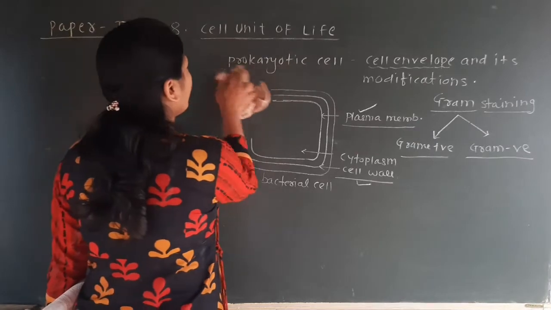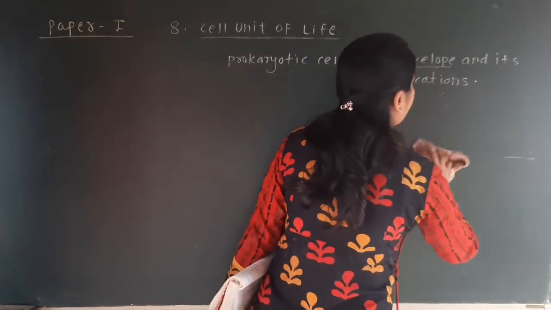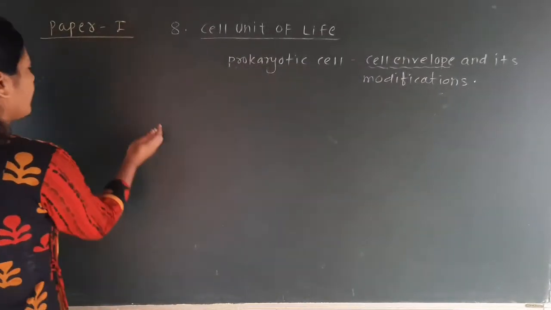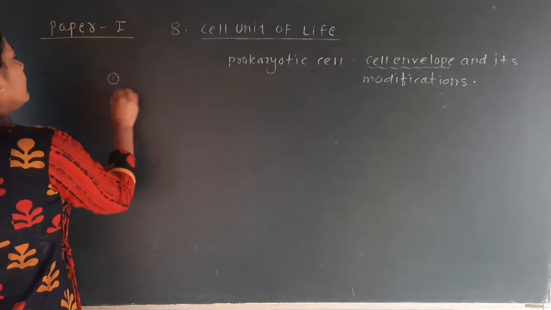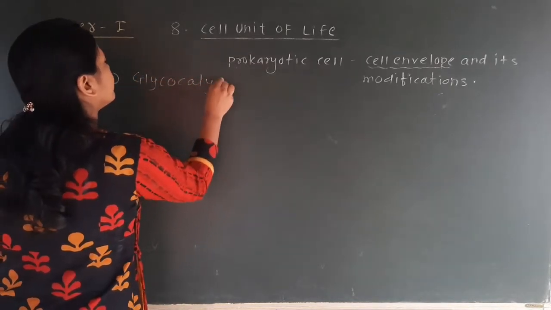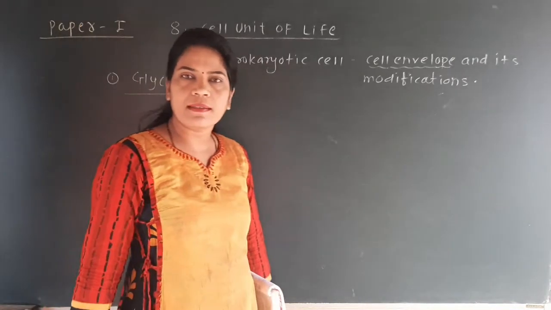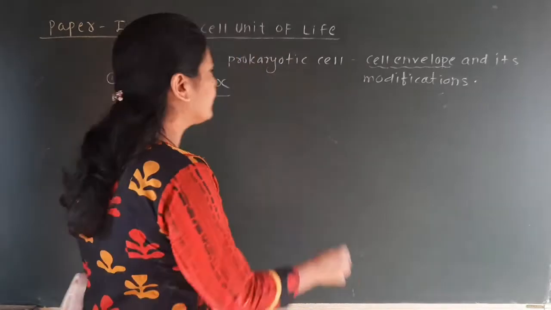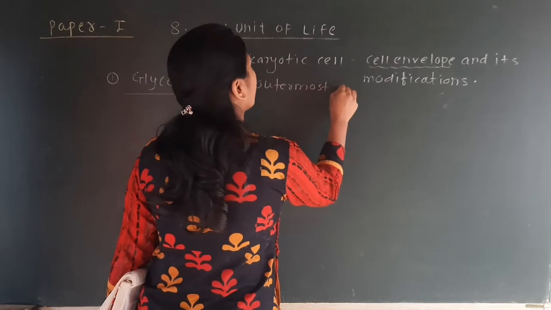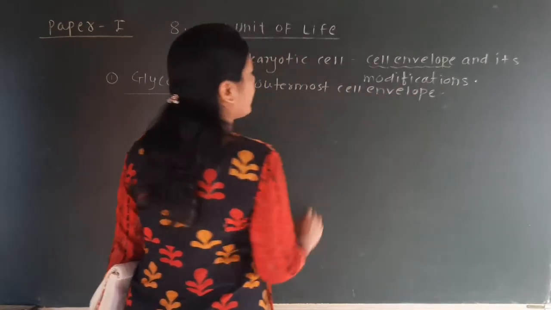Here we will first discuss the covering of the prokaryotic cell, and that is the glycocalyx. The first thing about the glycocalyx is that it is the outermost cell envelope.